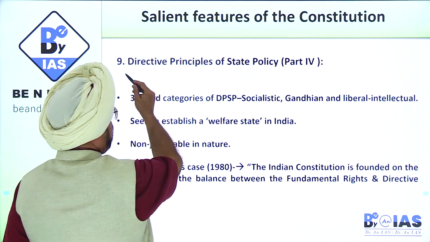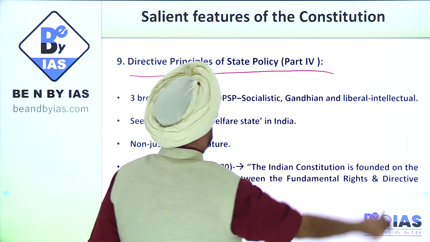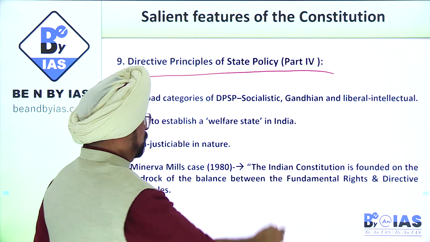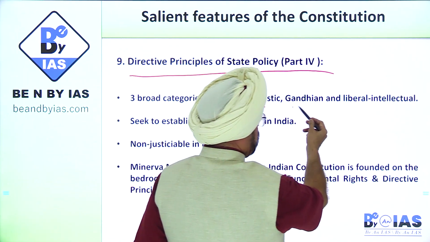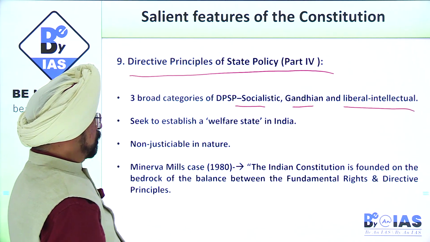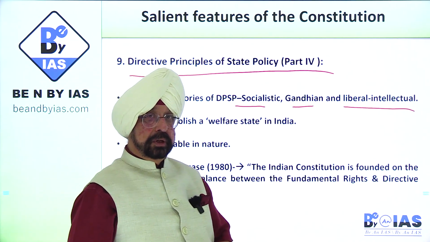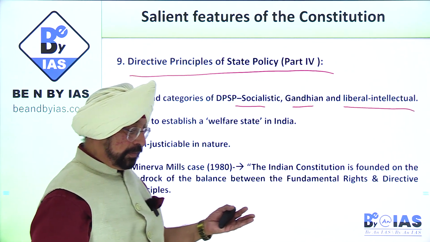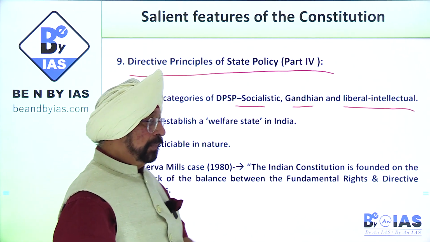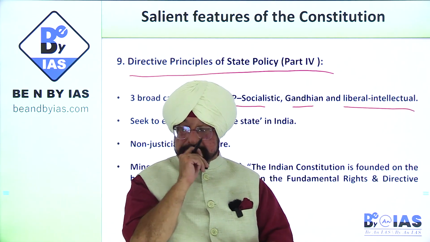Now we come to the Directive Principles of State Policy in Part 4. There are basically three categories. One is the socialistic, Gandhian, liberal, intellectual. Now, regarding socialistic, we have seen the word socialist has been added in our preamble also by the 42nd Amendment.